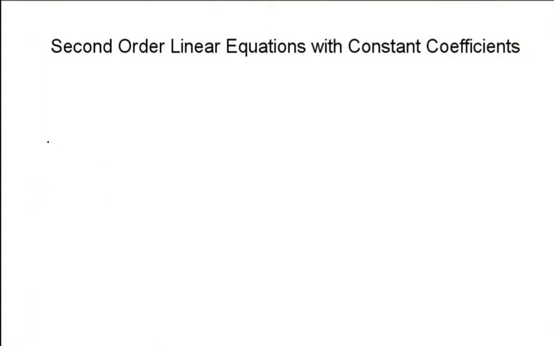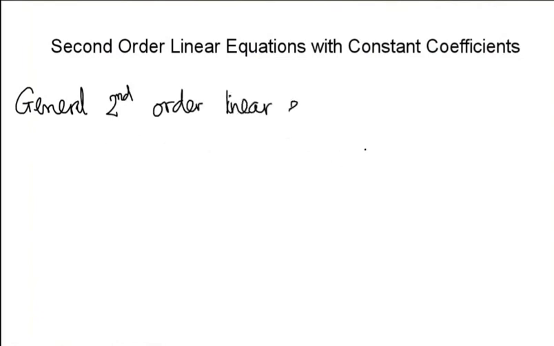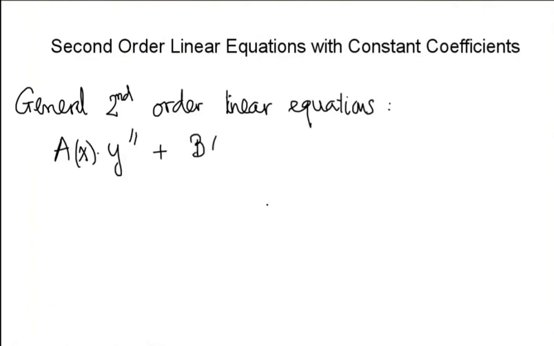So let me recall the general second-order linear equation is given by the form a(x) y double prime plus b(x) y prime plus c(x) y equals g(x).